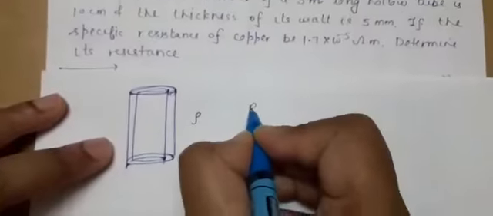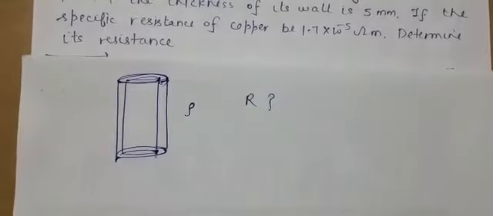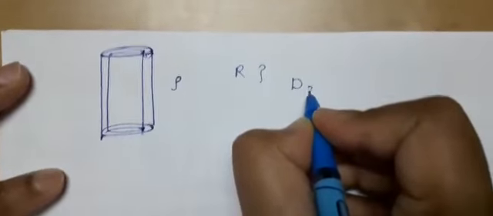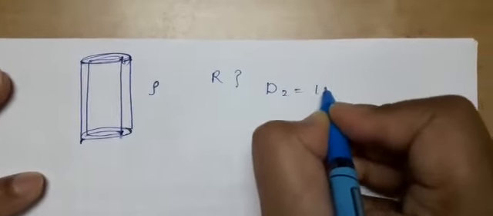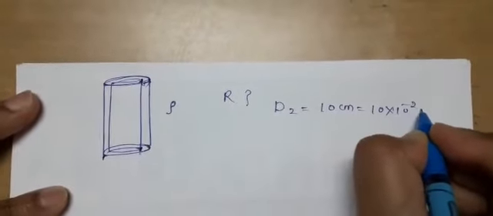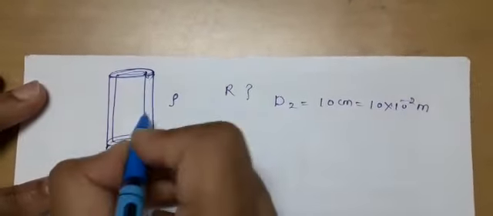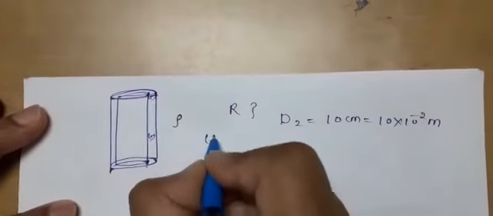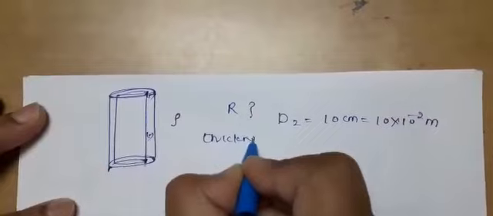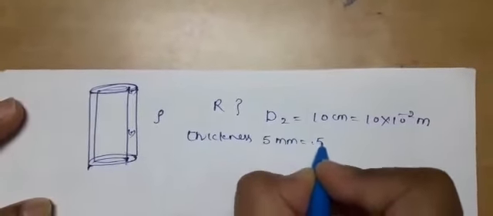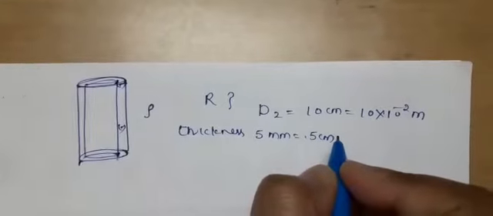You have to calculate the resistance. Now the external diameter, let it be d2, is 10 centimeter, which is 10 into 10 raised to the power minus 2 meter. Since the thickness is given to be 5 millimeter, you can take it as 0.5 centimeter.